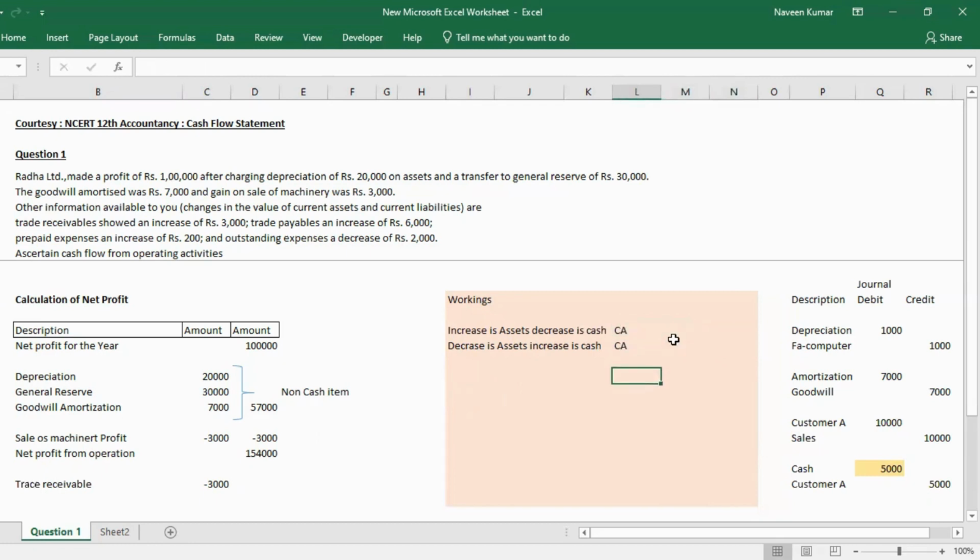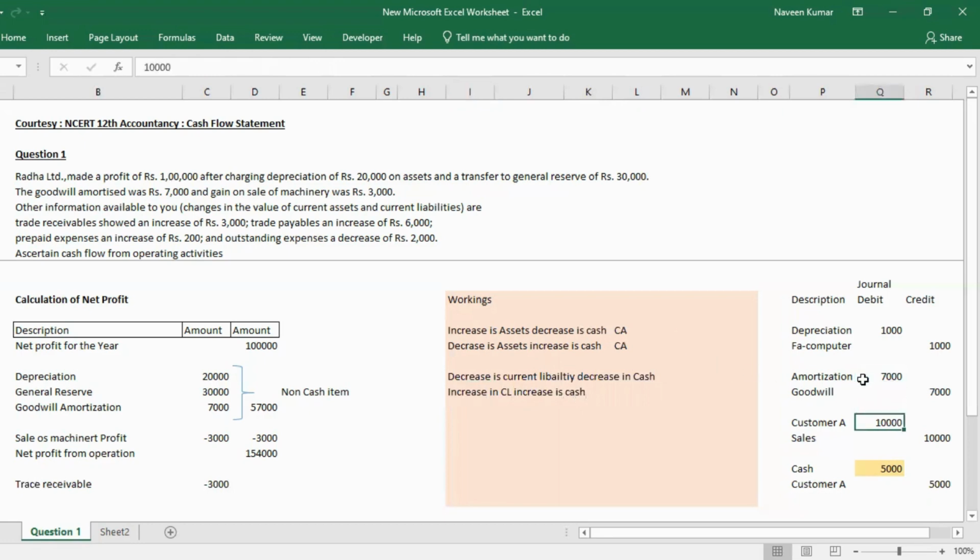Now current liability: decreasing liability means decreasing cash. Vice versa: decrease in CL, decrease in cash; increase in CL, increase in cash.